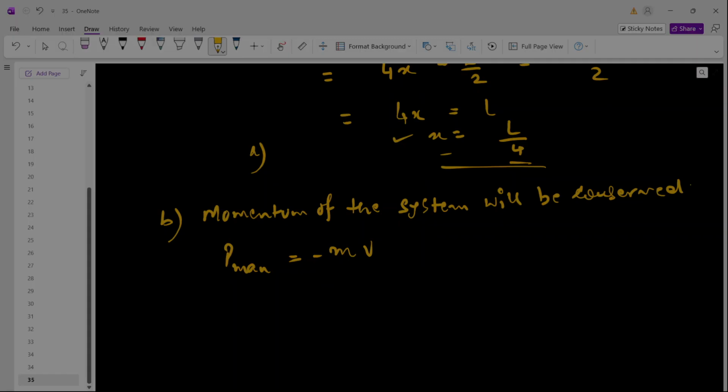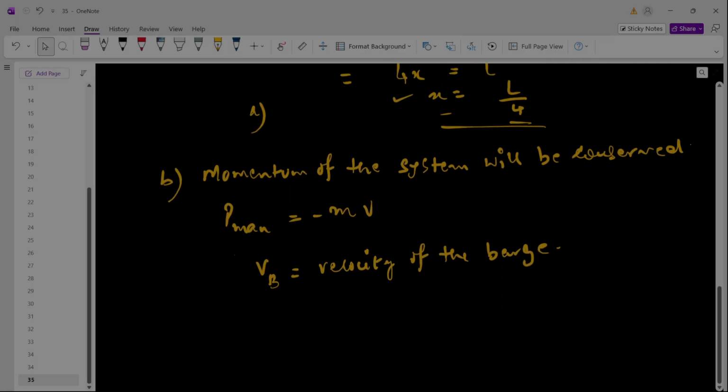Now, what is the p of the barge? So rather than p of the barge, now let's say the barge is moving with a velocity, let's call it vb, right? So my vb is the velocity of the barge.